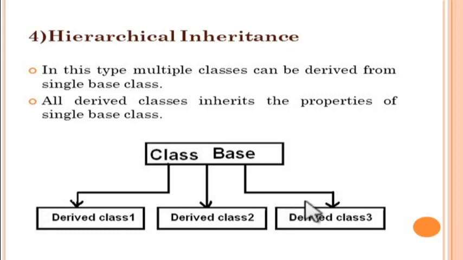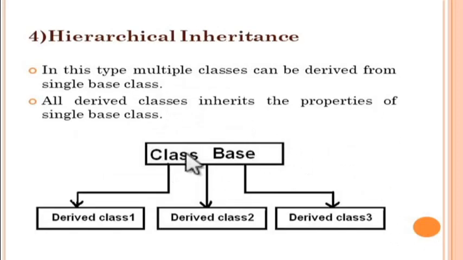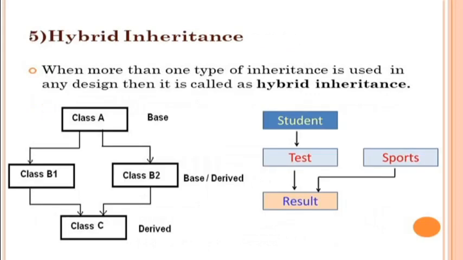It is totally opposite to multiple inheritance. See, in multiple inheritance, there are multiple base classes and a single derived class, but in hierarchical inheritance, there is a single base class and multiple derived classes.